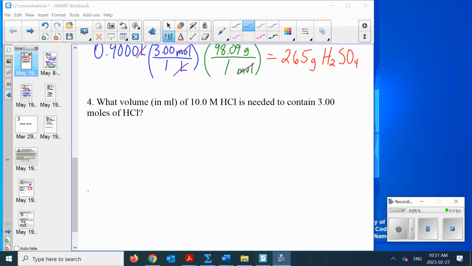Then we'll convert to mils at the end. We have 3 moles, and we have 10 moles per liter of HCl. So 3 moles. Start with your single item, not the fraction.